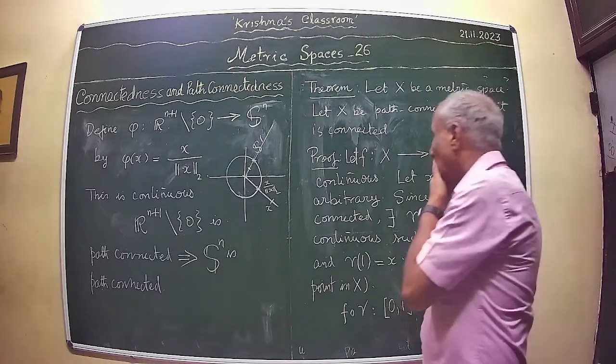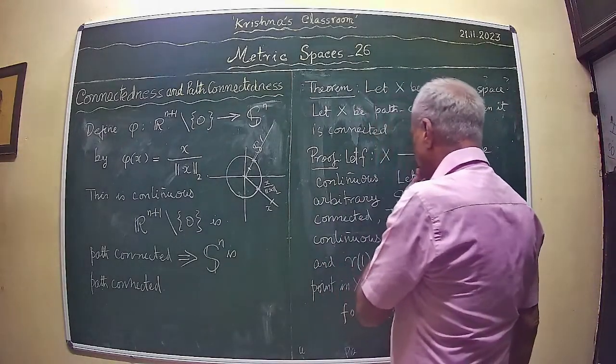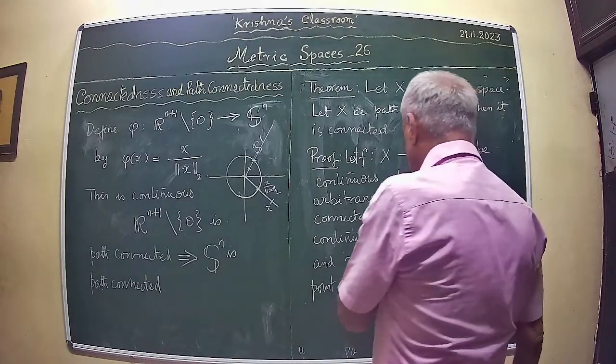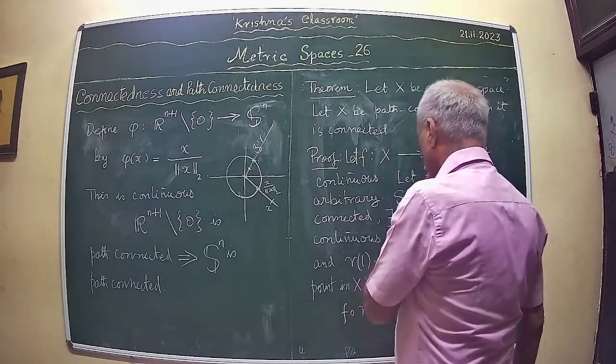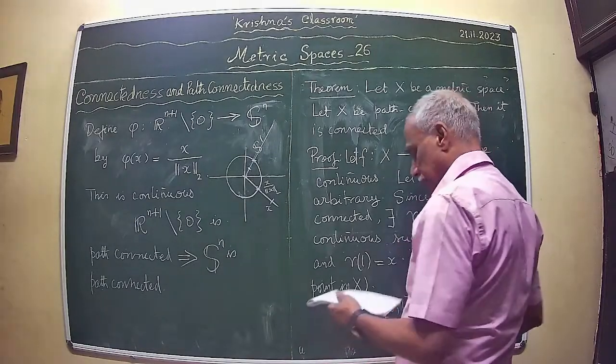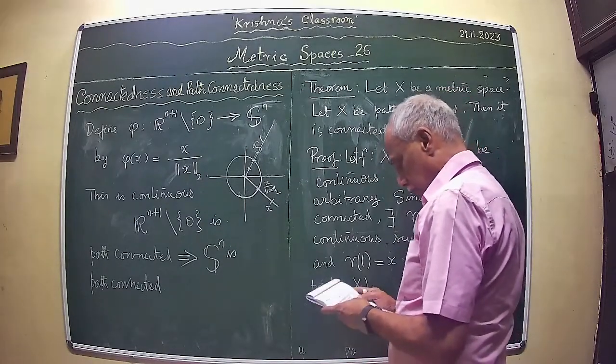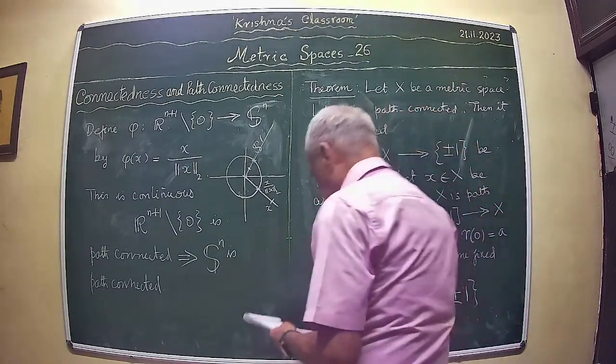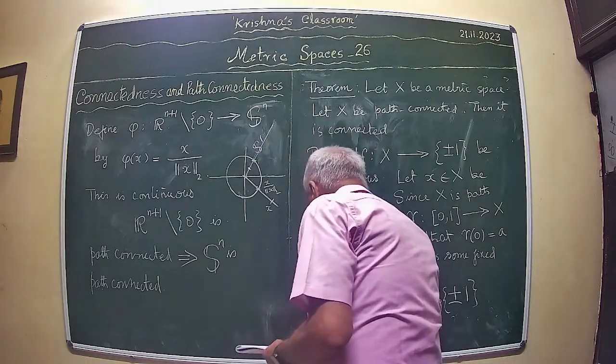Gamma is continuous, F is continuous, therefore F composition gamma is a continuous map from [0, 1] to plus or minus 1.